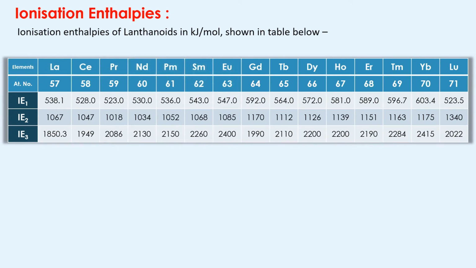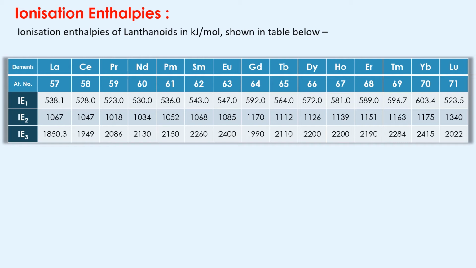Ionization enthalpy of lanthanides in kilojoules per mole is shown in the figure below. The elements start from lanthanum to lutetium, atomic number from 57 to 71. If you observe the first ionization enthalpy, there is not much difference, but starting from 538 there is some gradual decrease.